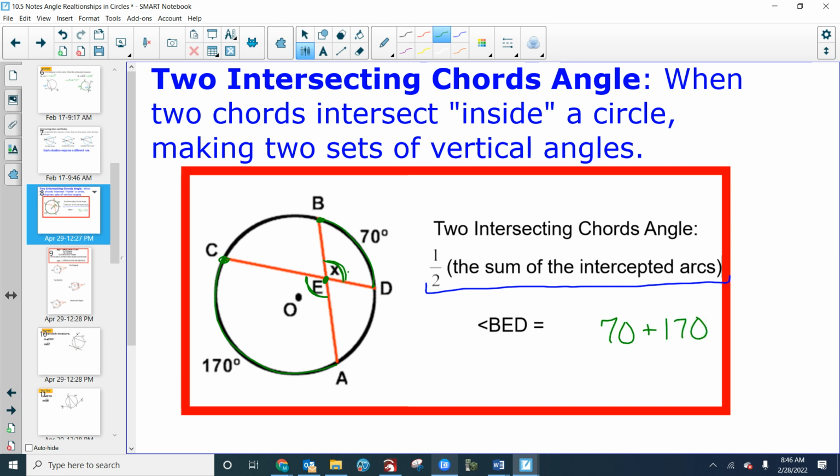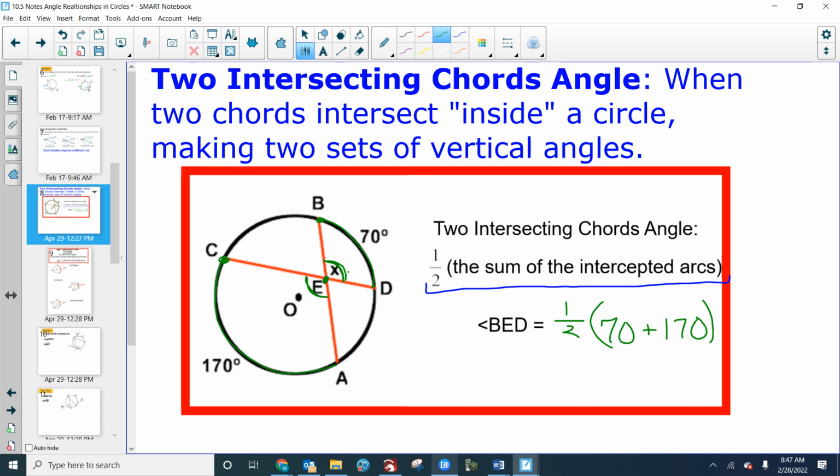But we're told the formula is half of that sum. So you're always going to add them together and take half. So you can either add them together and divide by 2, or add them together and multiply by a half. And you're going to find the angle that's facing those arcs. Not the other ones, the angles that are facing those arcs. All right, let's do the parentheses.